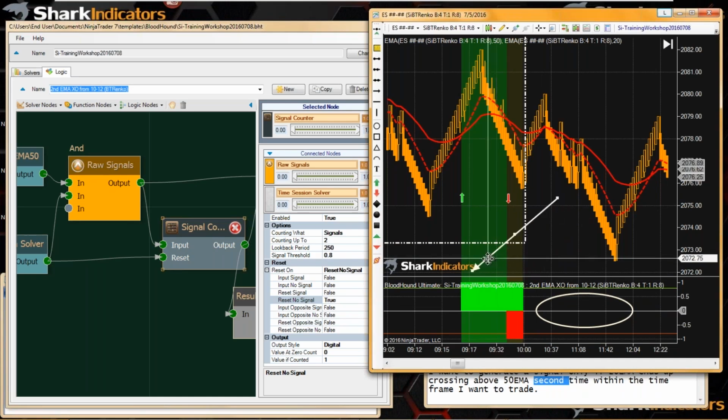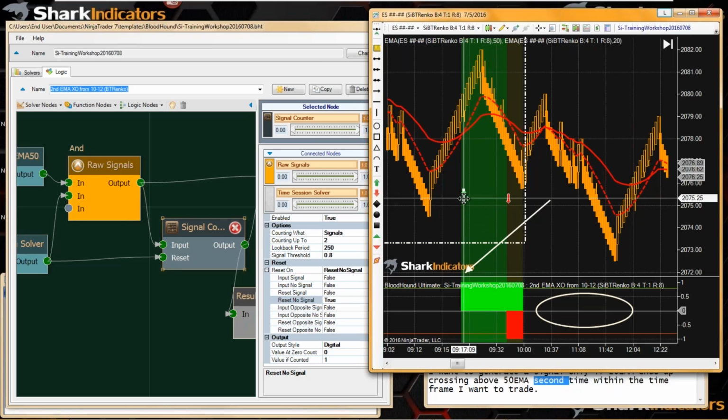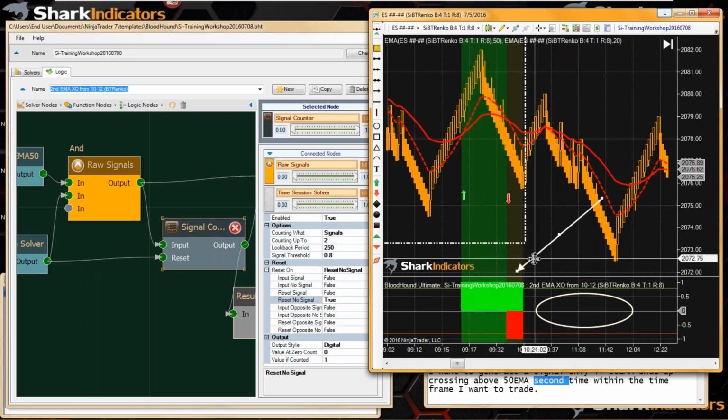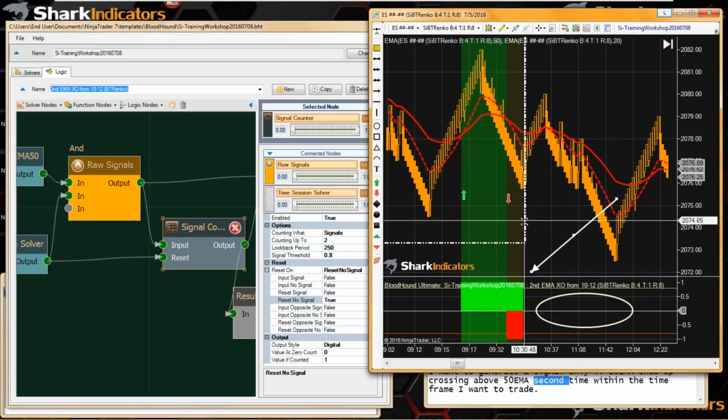And so now you see, there we go. That is what's coming out of our signal counter. The signal counter turns on when it found our second crossover signal. The long's turned on, and then when our 2-hour time window ends, the signal counter turns off and gets reset.